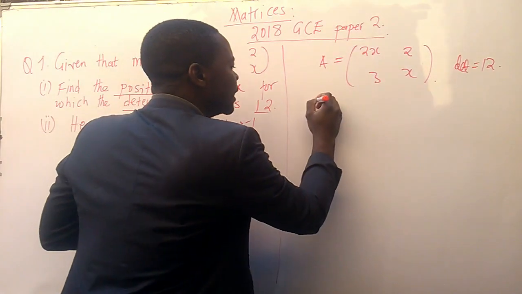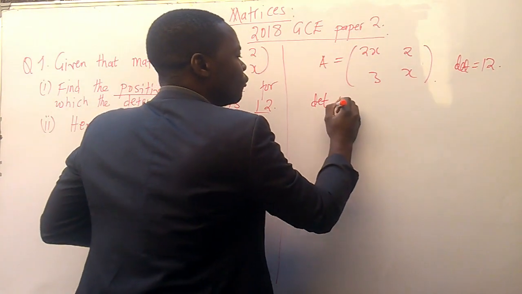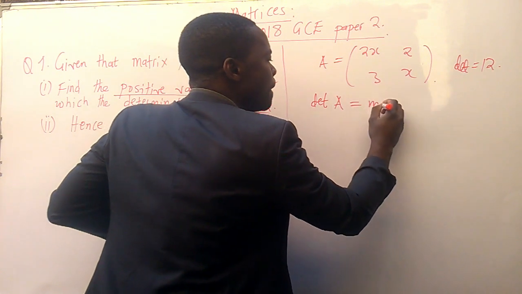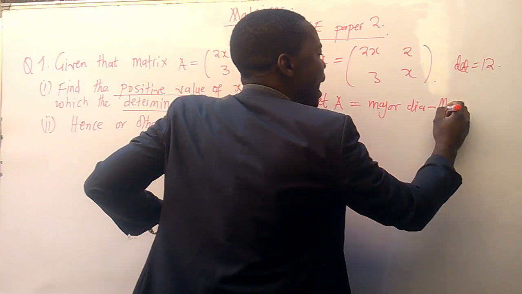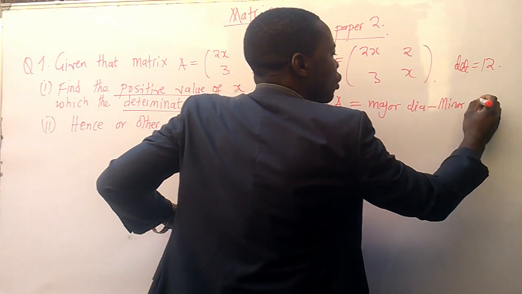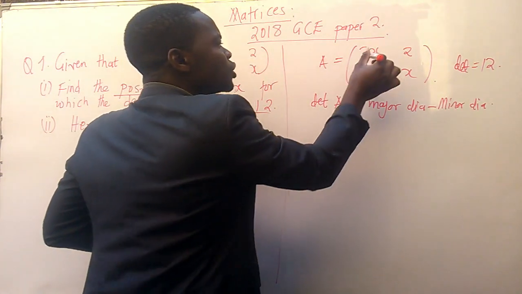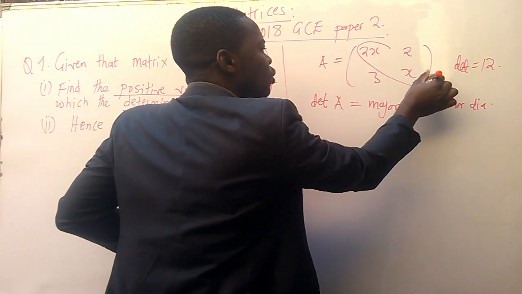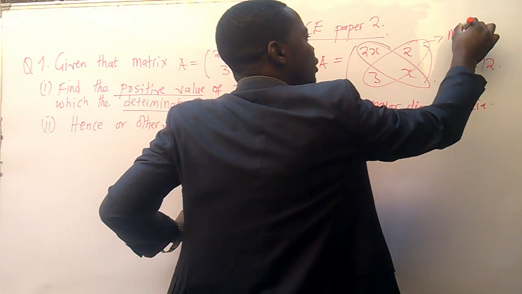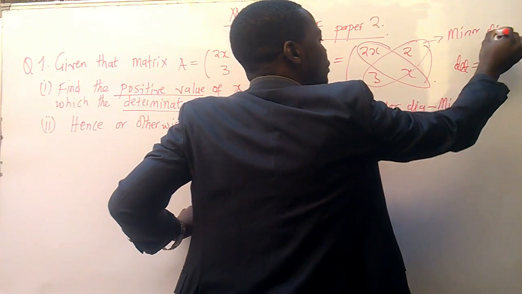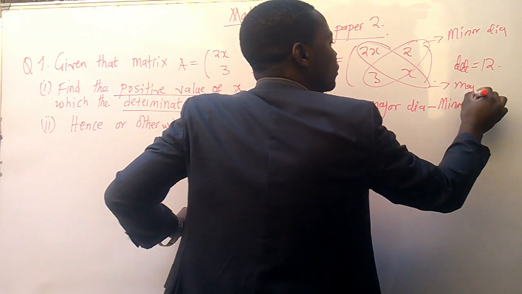So you're going to say determinant of A is equal to major diagonal minus minor diagonal. Like this. So this is your major diagonal. This is your minor diagonal. This is your minor diagonal. This is your major diagonal.